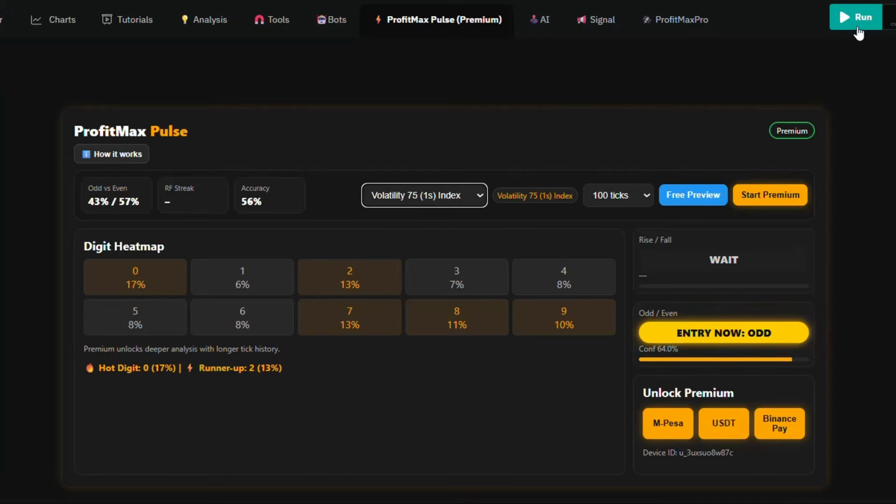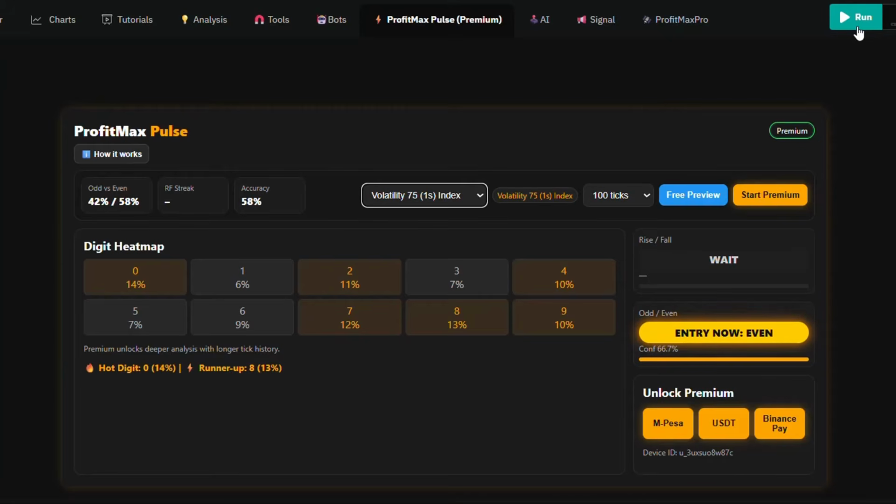So let's see. We are waiting there. You can see it is not giving us signals or which side to trade very quickly like even odd there, because that market was ranging. So this tool has a certain logic behind it, and it will wait for certain percentages and certain logic to give us either a fall or a rise.